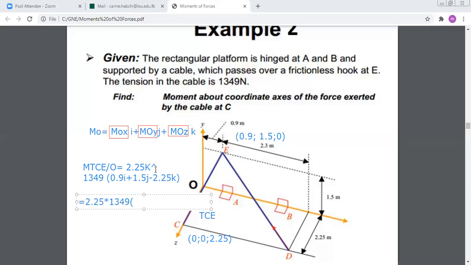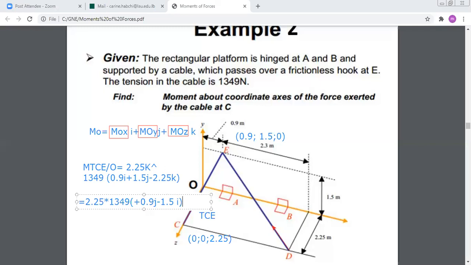Now I have K vectorial I. K vectorial I is plus J. So it's plus 0.9 J. Now K vectorial J is minus I. So it's minus 1.5 along I, and K vectorial K is 0.